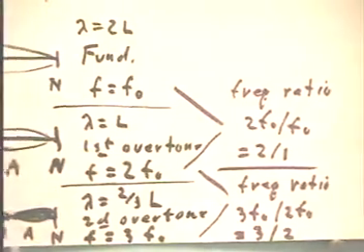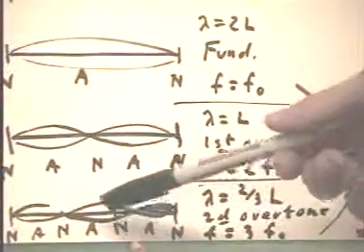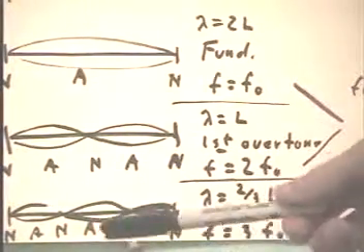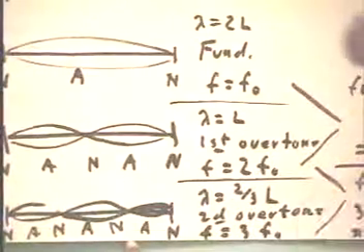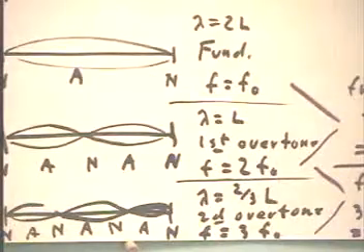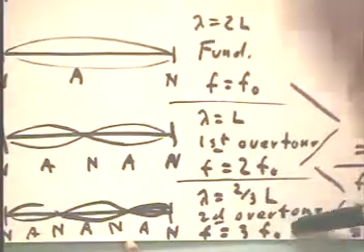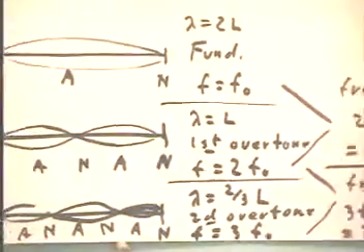It's fairly obvious that this pattern will continue on to where we have 4, 5, 6, 7, and 8, and so forth, of these harmonics, of these antinodes across the string, which will give us 4, 5, 6, 7, and 8 times the fundamental frequency, which will give us ratios.